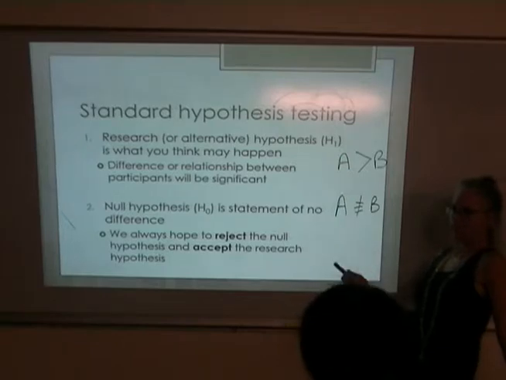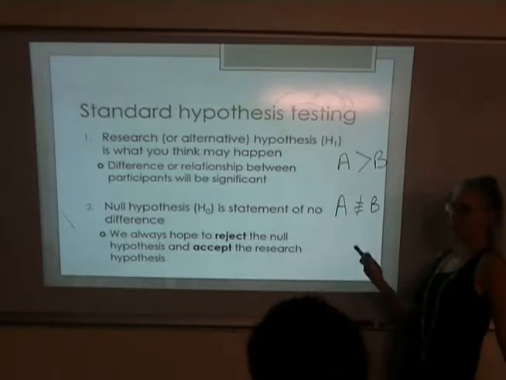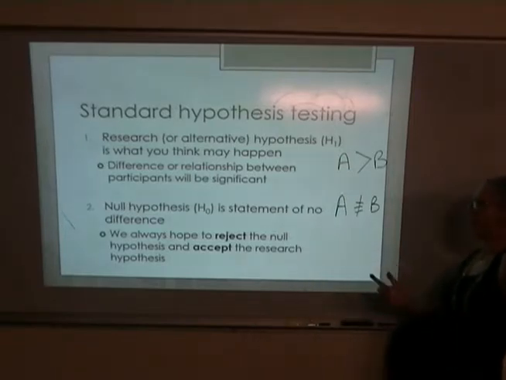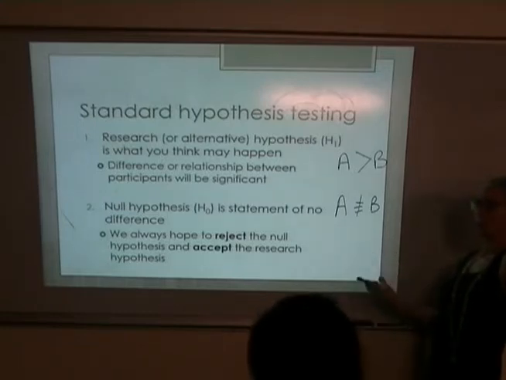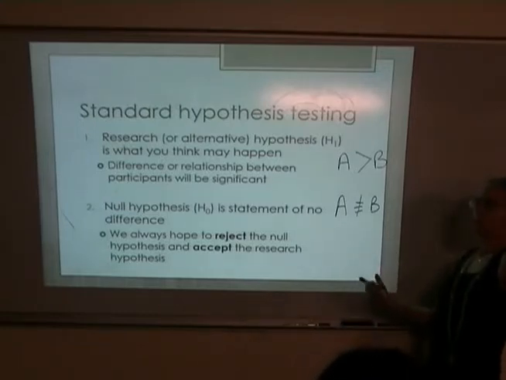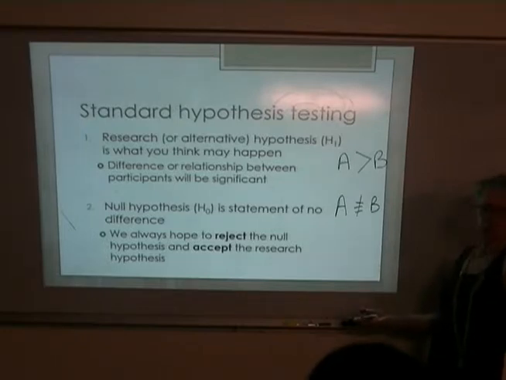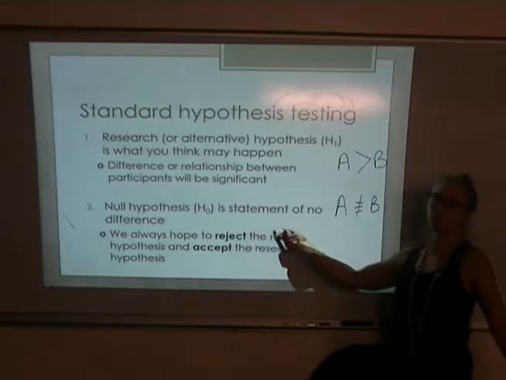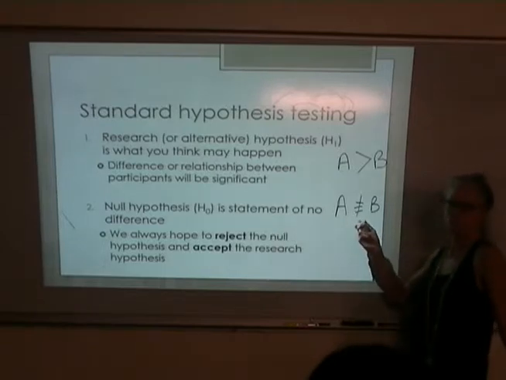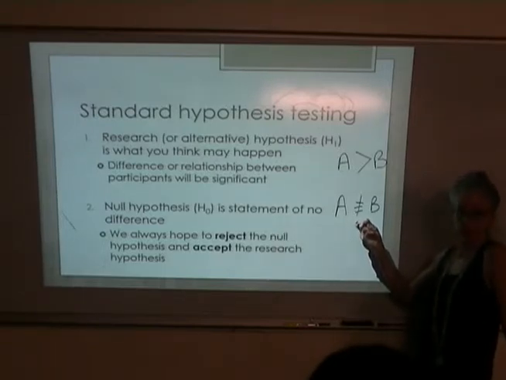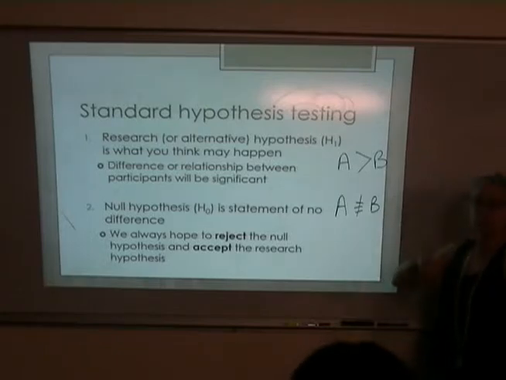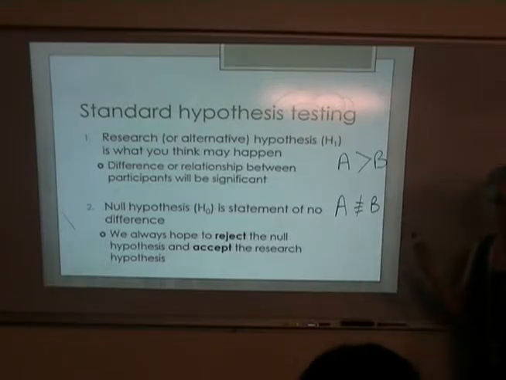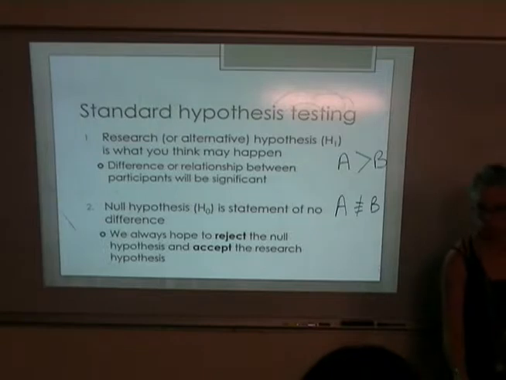But that doesn't always happen, right? Sometimes you'll get to the end of the paper and the authors will say, we are unable to reject the null hypothesis. We think maybe because, right? So if they can't reject the null hypothesis, that meant that they didn't find anything of significance. Now that can be important, right? Depends on your study.